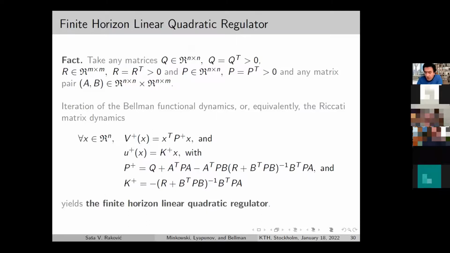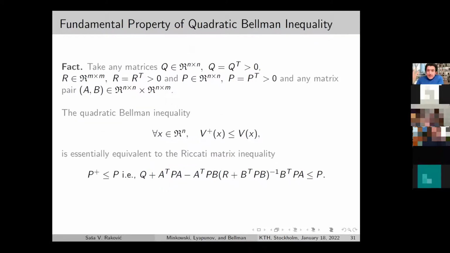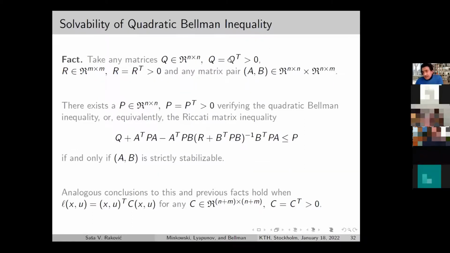And then if we want to solve the quadratic Bellman inequality, because we have a closed loop expression for V plus and V of x, we obtain a matrix inequality. So this is the form of the inequality, and we can call this the quadratic Bellman inequality, okay? Now, because I have assumed the completely regular case, we can solve this if and only if (A, B) is strictly stabilizable.